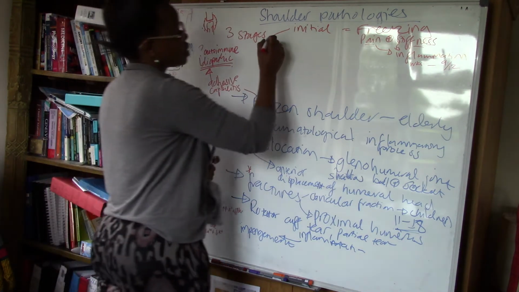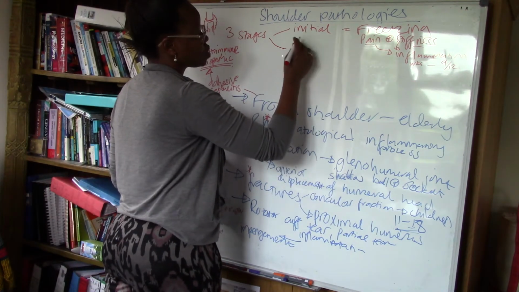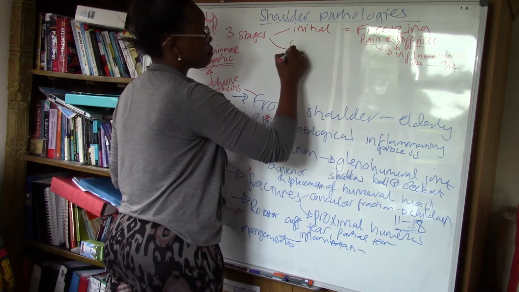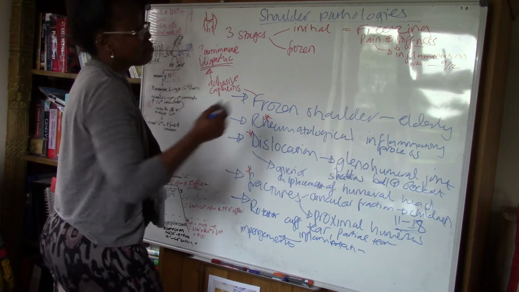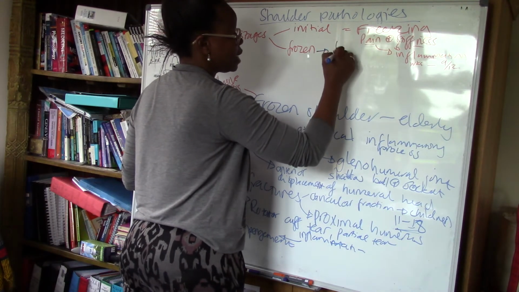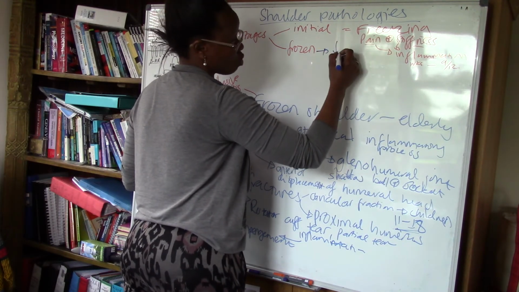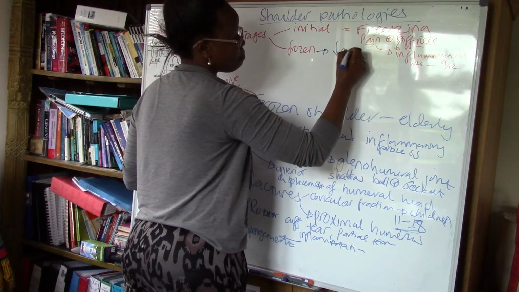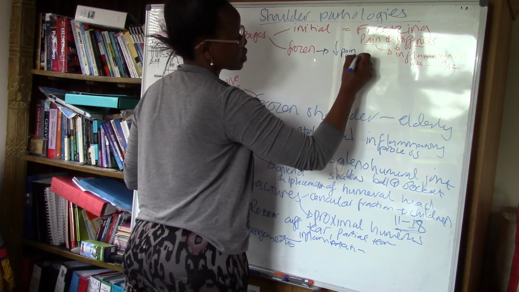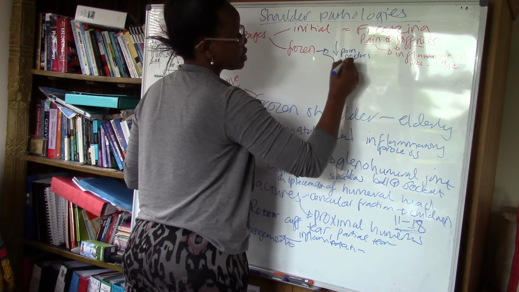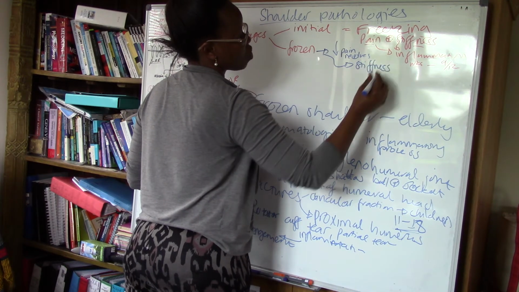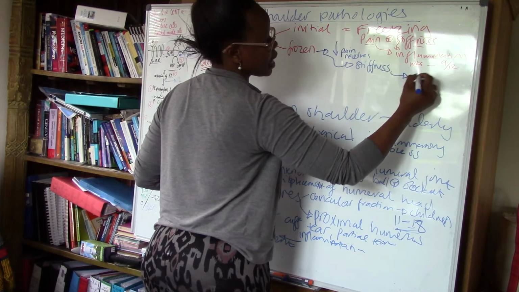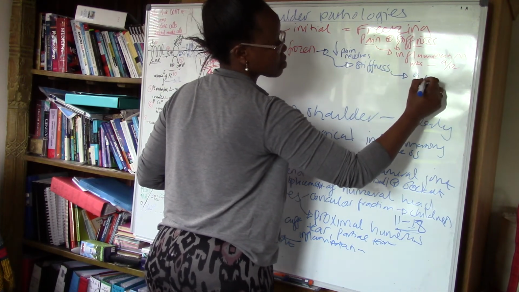And then the second stage is called the frozen stage. And in the frozen stage, pain has reduced or resolved. So pain resolves. However, the stiffness continues. And again, this can last some 9 months.